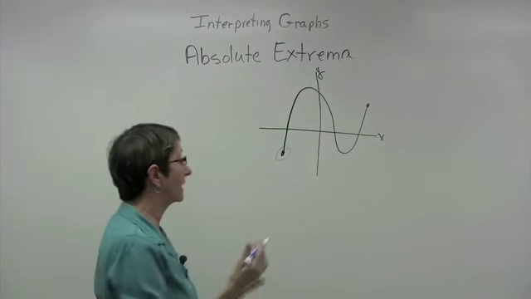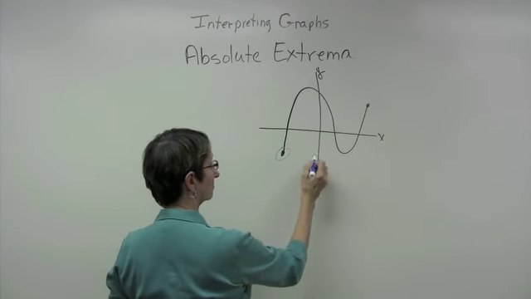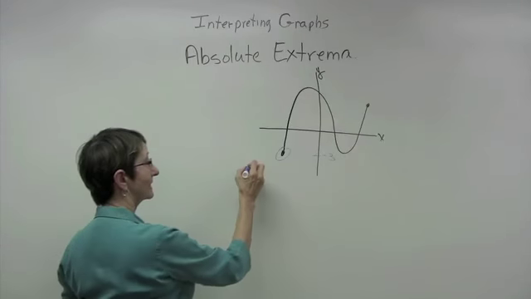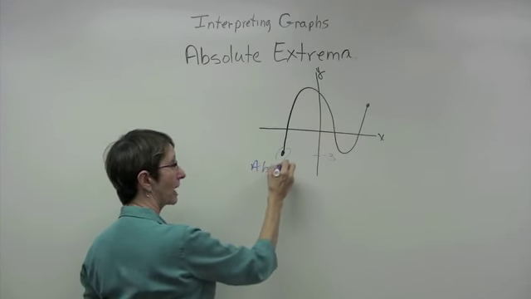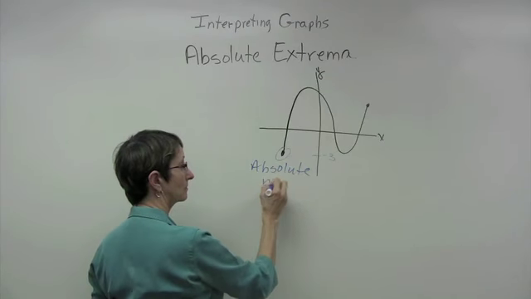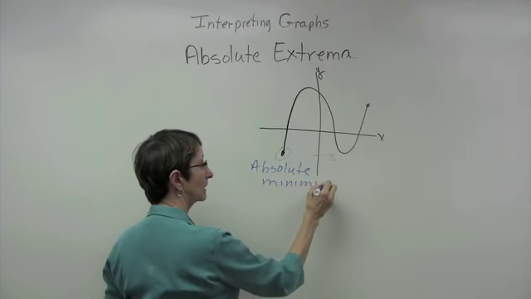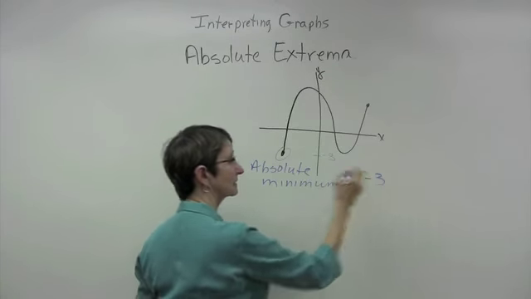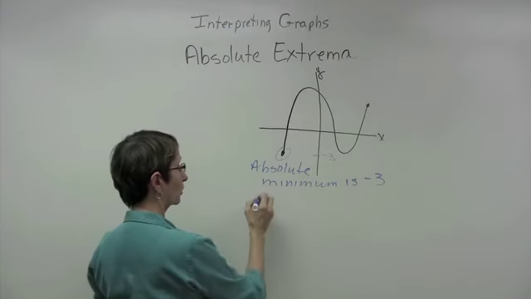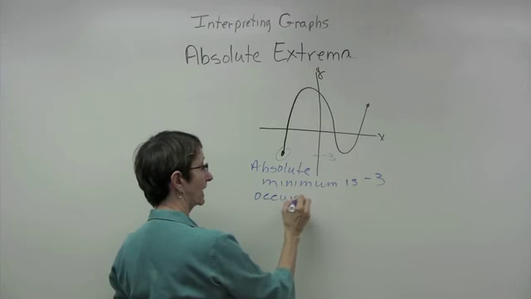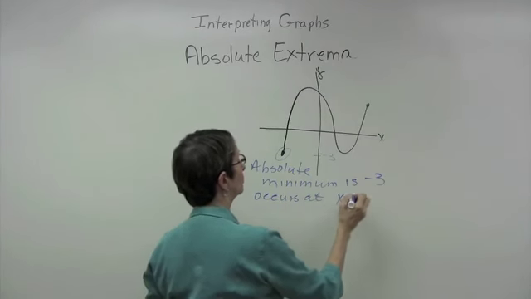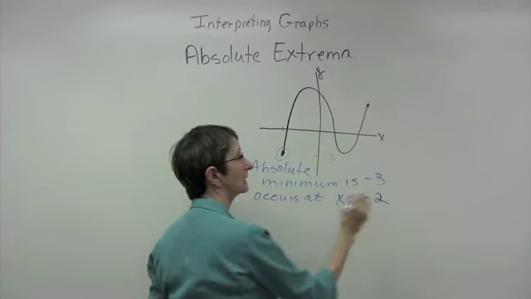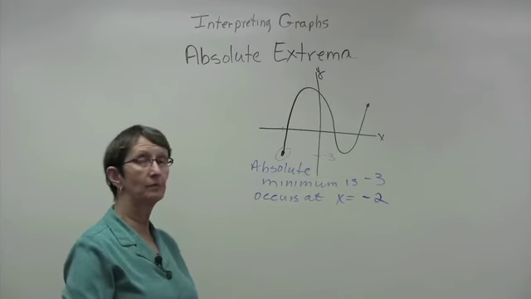So that point, whatever the y value is, let's say -3, this is the absolute minimum. It equals -3, and it occurs at x equal to -2. That is the absolute minimum point.